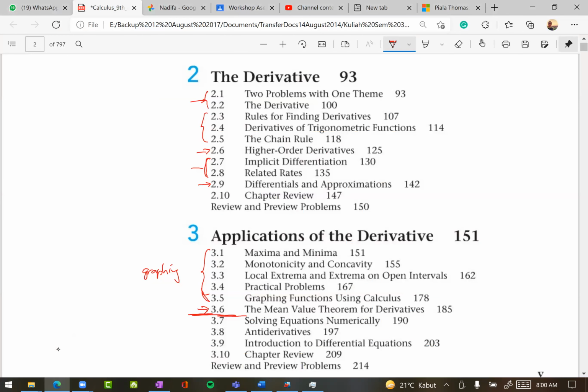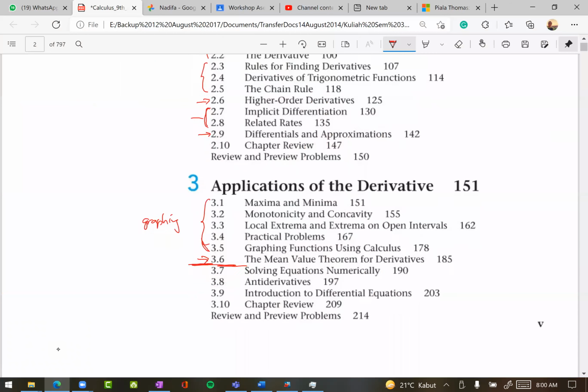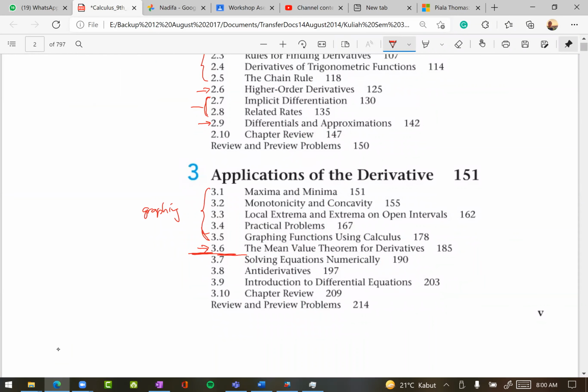Sir, go ahead. Will the subchapter of least squares and derivative be on the exam? What derivative? Least squares? No. Okay, thank you. Least squares versus least square, I think that's 3/7 or something.